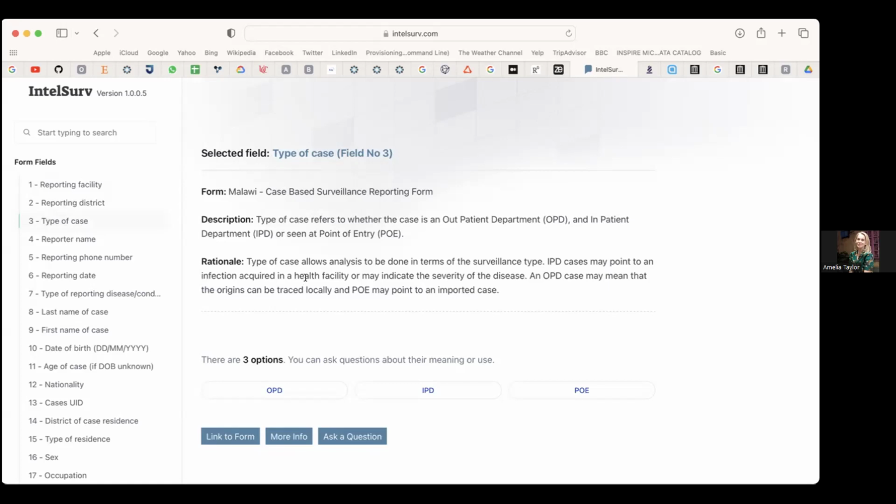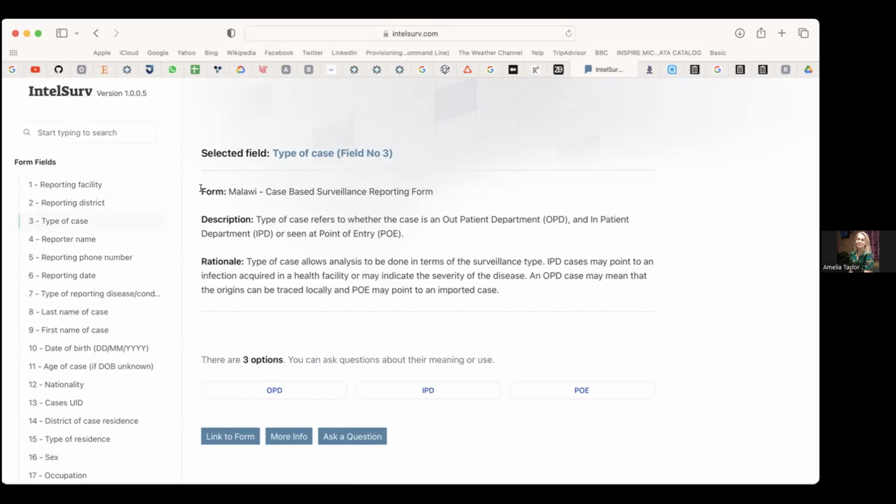The main reason this was built was because a lot of community health workers who were using these forms did not have a guide to go with the form. So the form didn't have any appendix or addendum telling them how to fill in this field and so on.